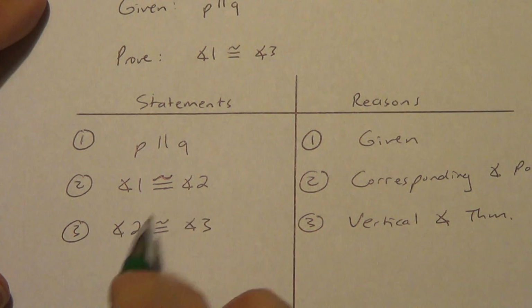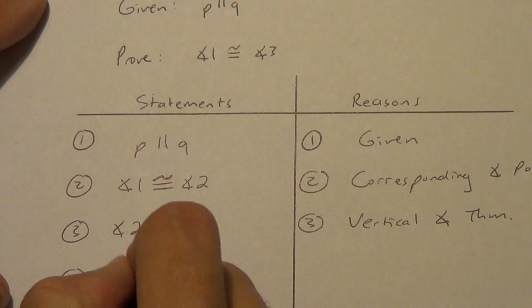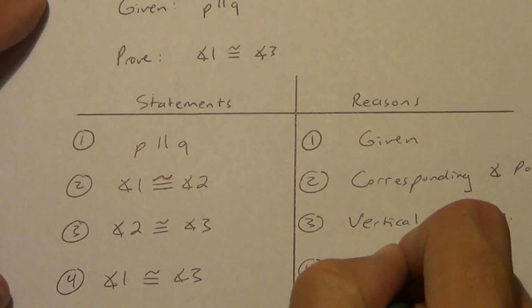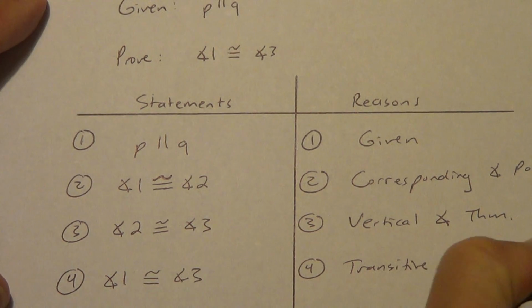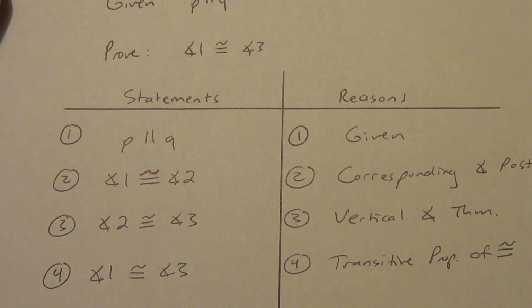I've got 2 repeated, so I skip right over it. Angle 1 is congruent to angle 3 by the transitive property of congruence. There we go. We just proved that the alternate exterior angles are going to be congruent anytime you have parallel lines. Right? Let's go to the next one.